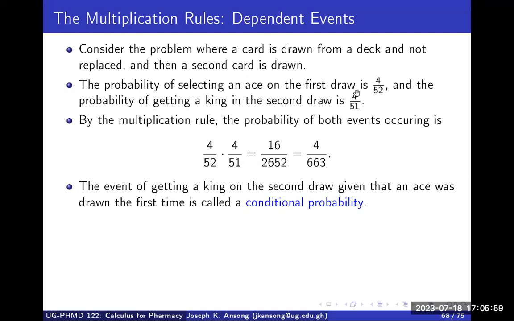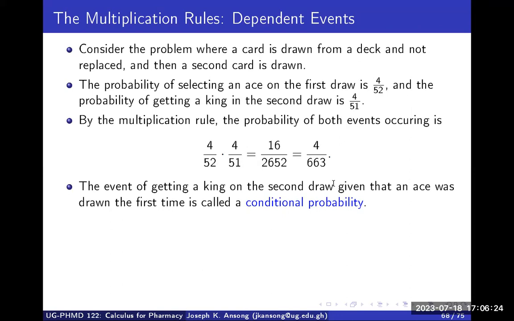So let's deal with this. Now, by the multiplication rule, the probability of both events occurring, that is drawing an ace in the first case and then a king in the second, will be the product of these two probabilities, right? 4/52 multiplied by 4/51. And that gives you this number here.